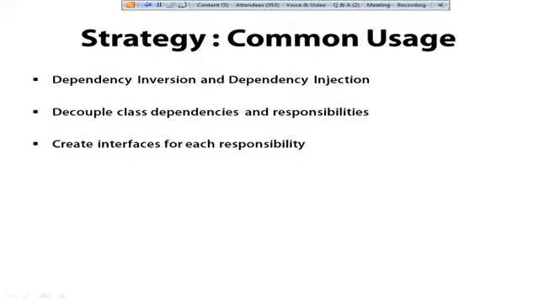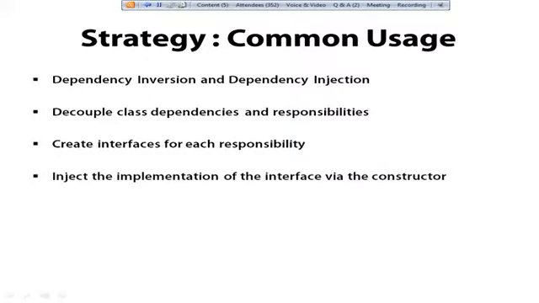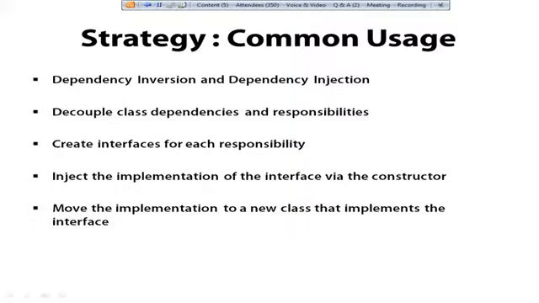The way to use the strategy pattern is to create an interface for each responsibility that you have, and then create an implementation of that responsibility that implements that interface, and pass that in through the constructor. And then you can simply move the implementation out to a new class that implements that interface. And we'll see how that works in just a moment.